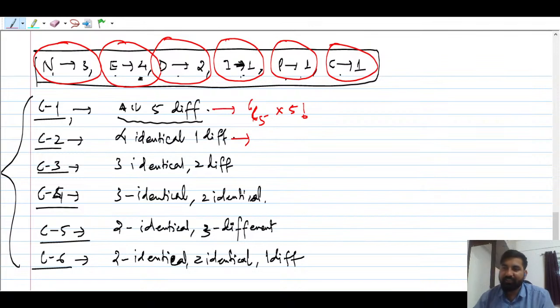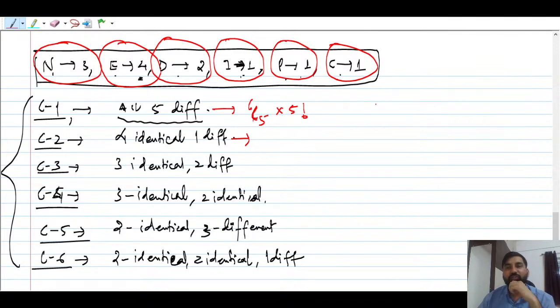Atif, yes, E's can come in 4 identical, fine. So gradually you have to understand everything. This is very simple to understand. Now 4 identical, 1 different. There is only 1 different, which can be arranged in one way, and 4 identical.